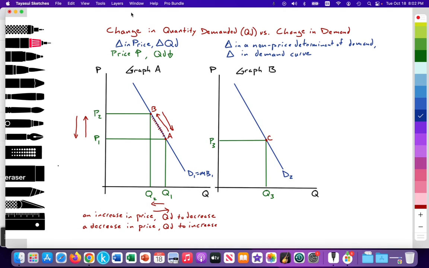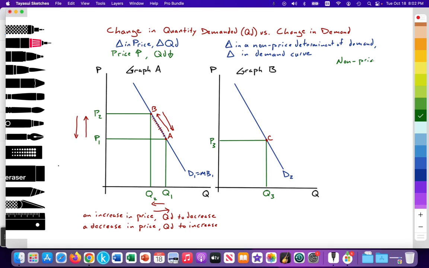All right, just for a quick review, non-price determinants include the following. I'm running out of space. Could it include, number one, a change in income? If the households gain more income or lose more income, that can cause the demand curve to shift outward or inward.